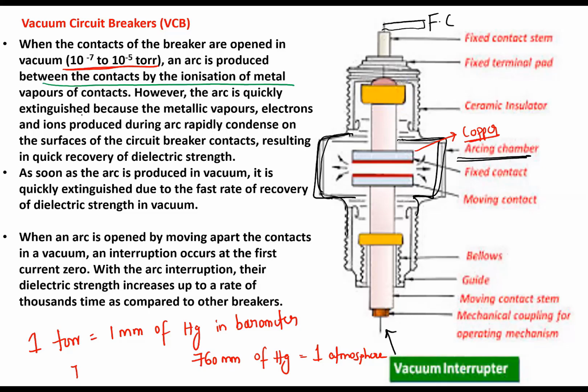However, the arc is quickly extinguished because the metallic vapors, that is electrons and ions produced during the arc, rapidly condense on the surface of the circuit breaker contacts, resulting in quick recovery of the dielectric strength.